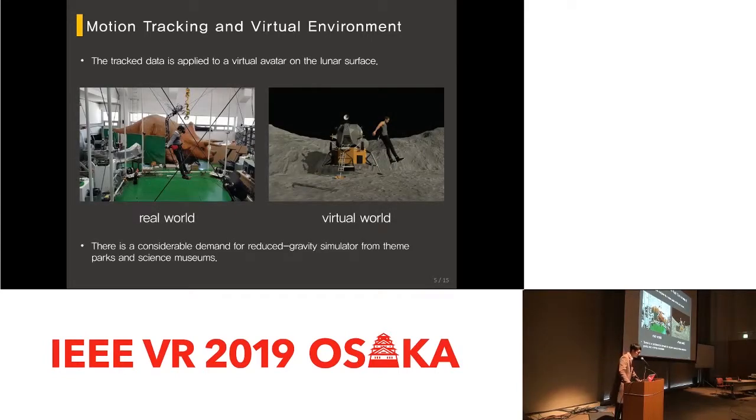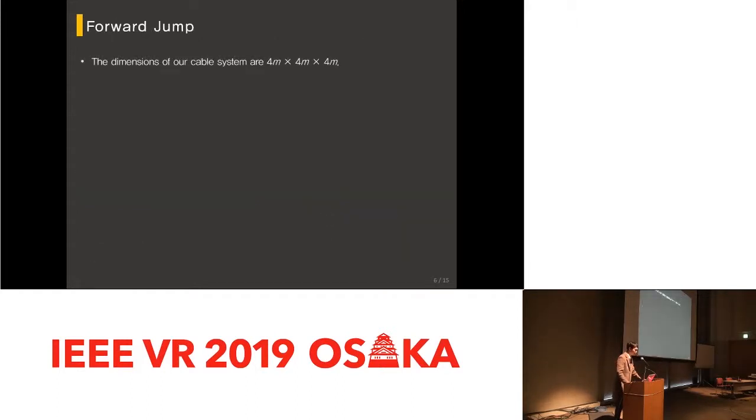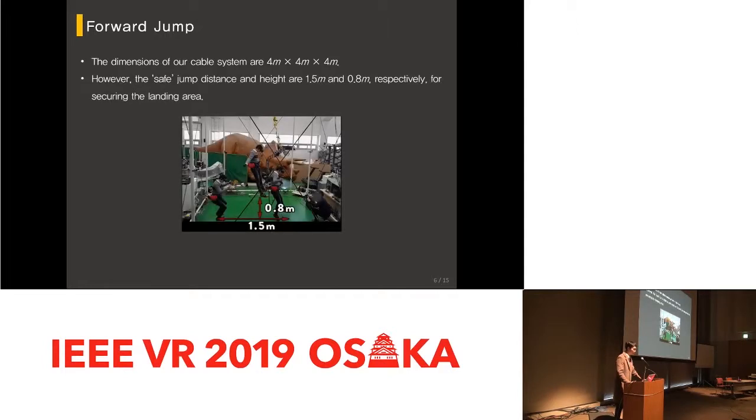In theme parks and science museums, there is considerable demand for this kind of reduced gravity simulator. Now, suppose children jump in the simulator. The workspace of our system is cubic, and each side is 4 meters long. However, the safe jump distance is 1.5 meters, and the safe height is 0.8 meters.